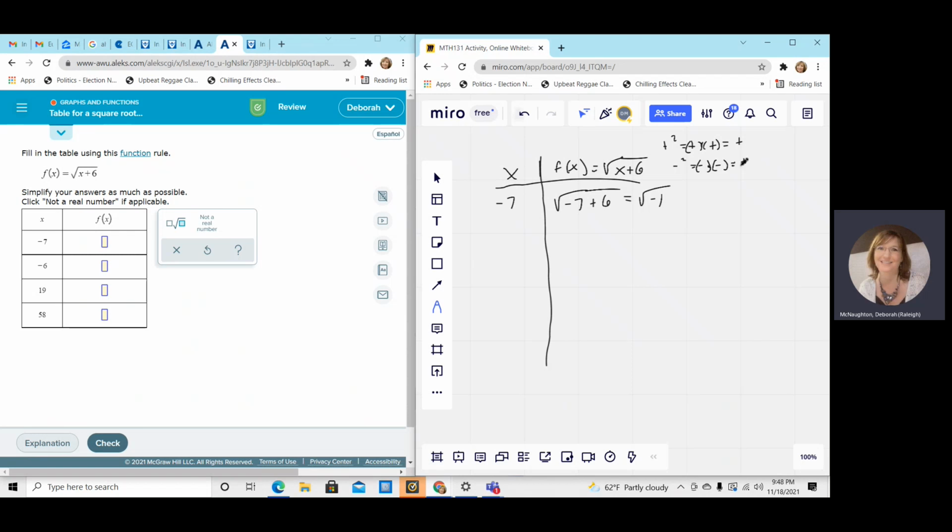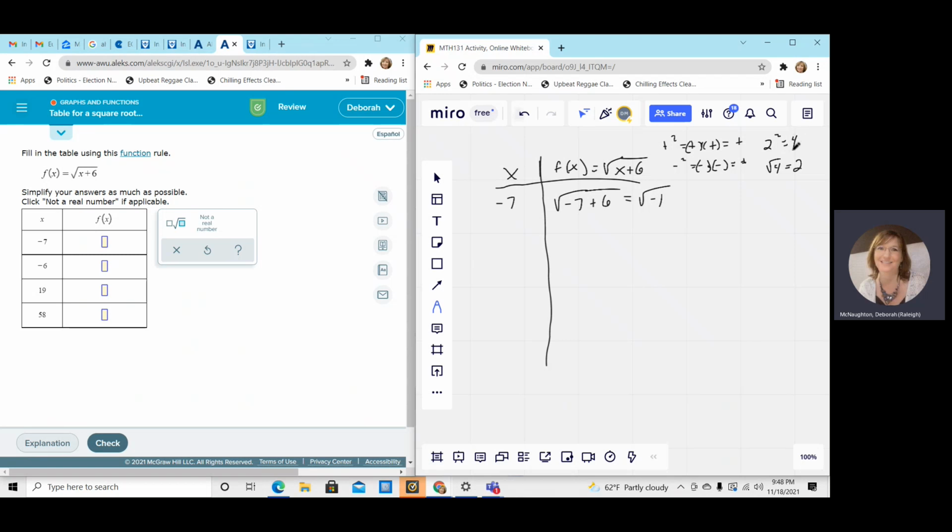So when I'm taking a square root, I'm doing the inverse of squaring, right? So if 2 squared equals 4, then the square root of 4 equals 2. So it's the inverse. And whenever we square something, we can only end up with positive numbers.